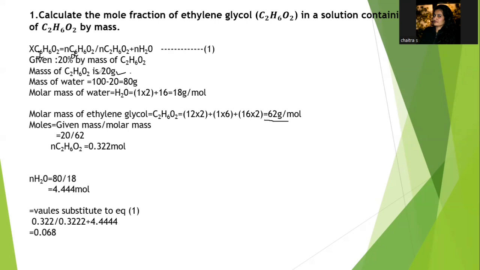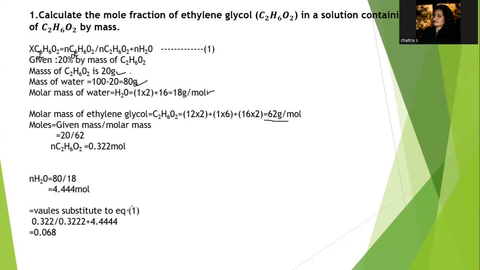So 20 divided by 62, the moles of C2H6O2 equals 0.322 mole. The moles of H2O equals 80 divided by 18. Here the given mass is 80 and its molar mass is 18. So 80 divided by 18 equals 4.44 mole.